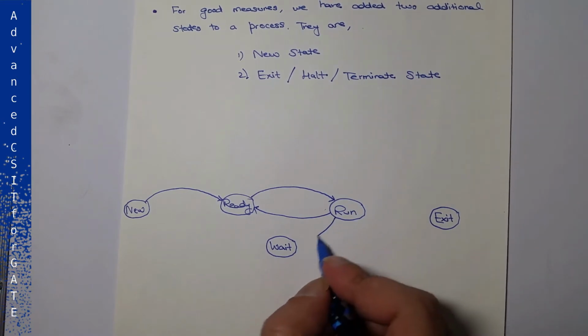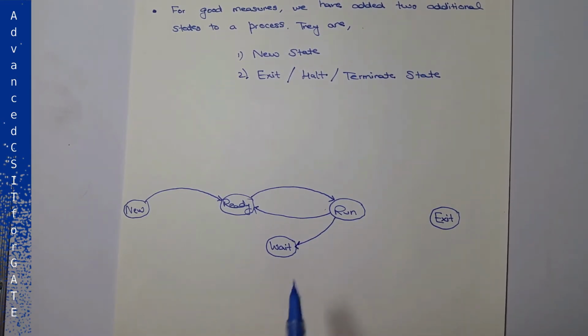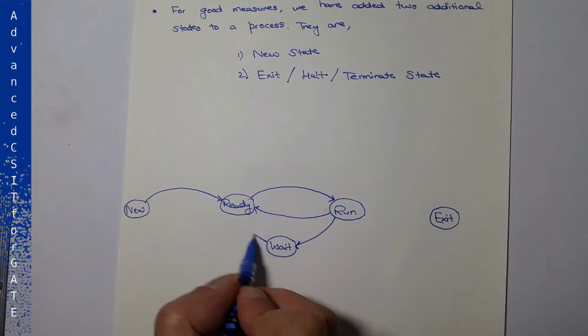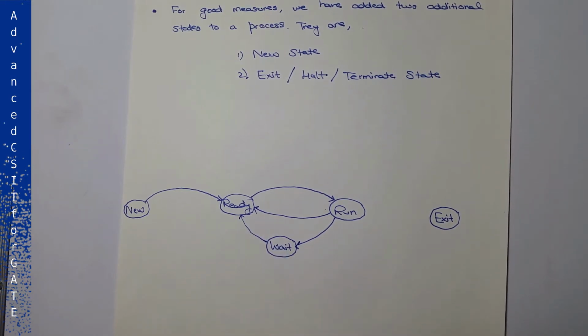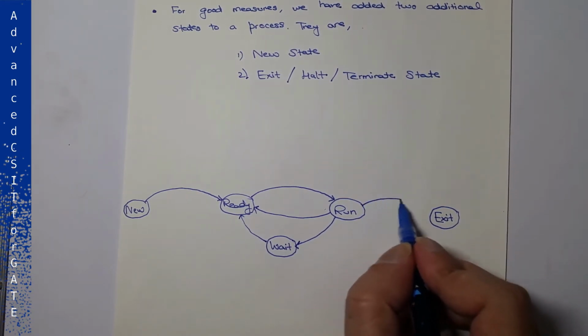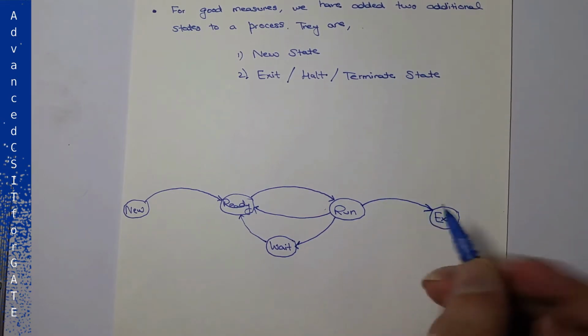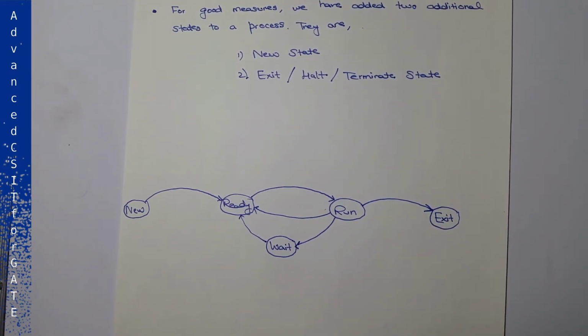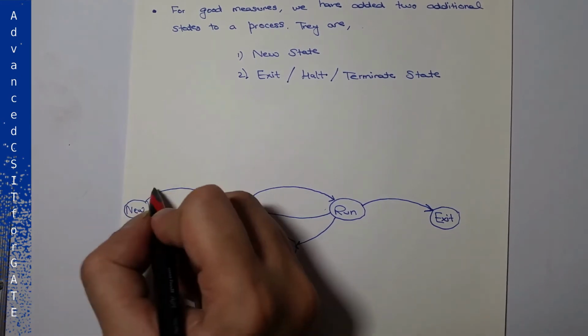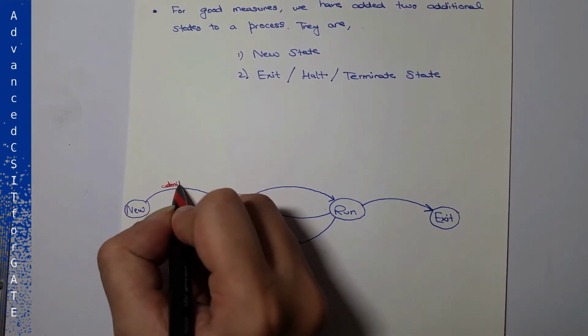Here we'll go to wait state, and there the input output will occur, and we'll go back to ready state once the input output is complete. And when the process has completely terminated, we can go straight to exit state. Now the process from new to ready would be admitted.